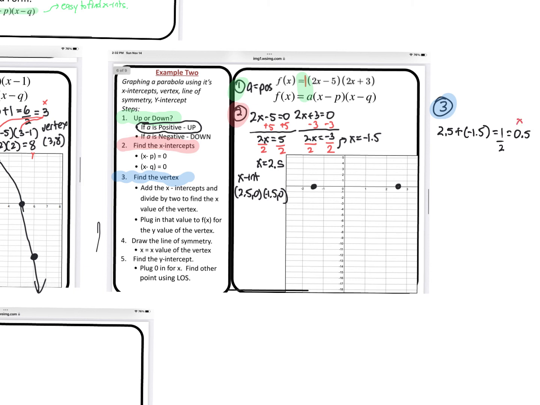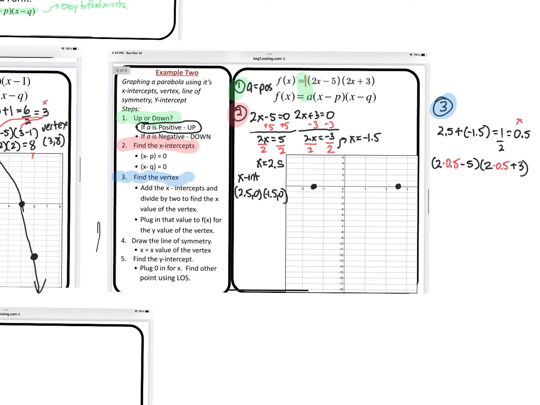Okay, so I got 0.5 is going to be my x value, my vertex, and now I have to plug it in to the original, so let's do that. So I got 2 times 0.5 minus 5, and 2 times 0.5 plus 3.